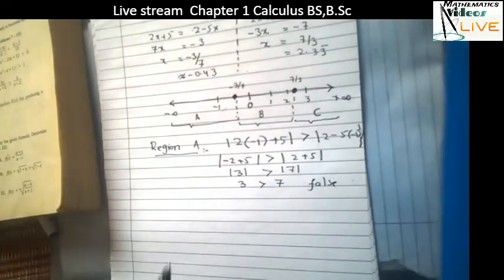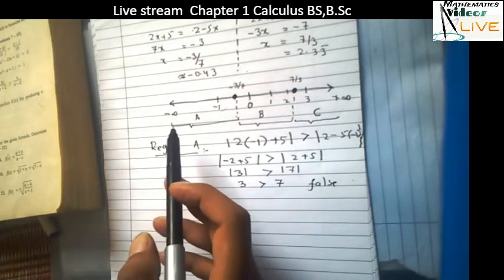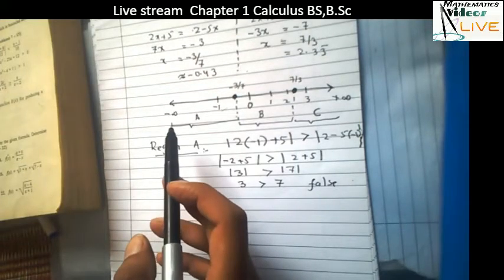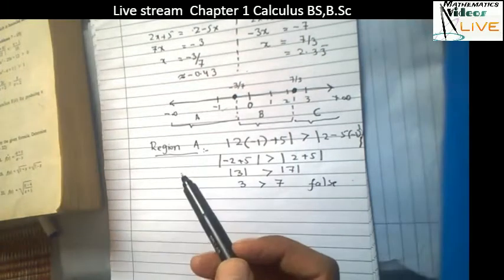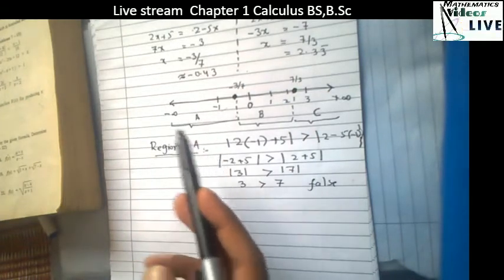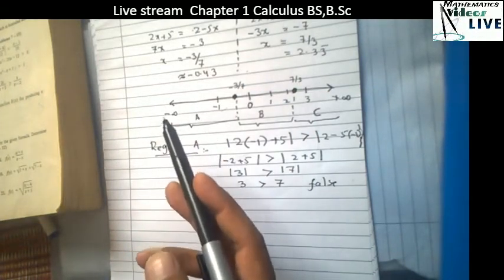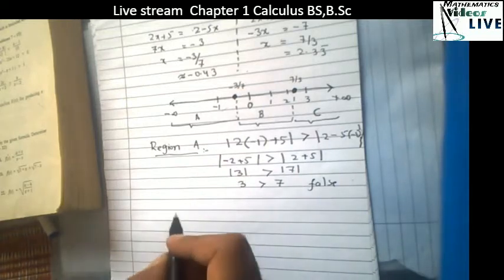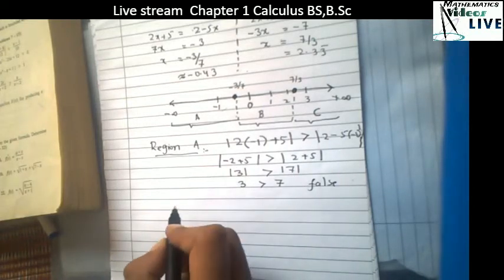Now check it. This is absolute value of minus 2 plus 5 greater than absolute value of 2 plus 5, and the answer is absolute value 3 greater than absolute value 7, which means 3 is greater than 7.